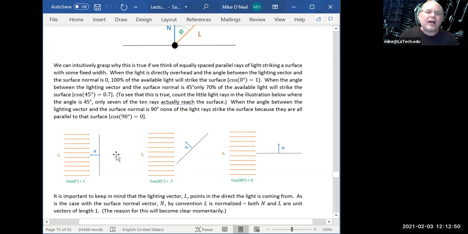It's interesting. There are 10 light rays here: 1, 2, 3, 4, 5, 6, 7, 8, 9, 10. When the angle is 0, all 10 of the light rays hit this little surface and bounce off.